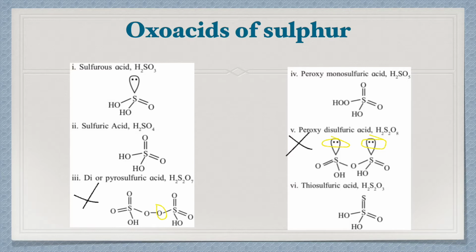Then always remember, there will be one S double bond O group in the structure. If you remember these two things, the rest is very simple to understand, and the other things we'll see whenever we are seeing the structure. Okay, so the first one, sulfurous acid.